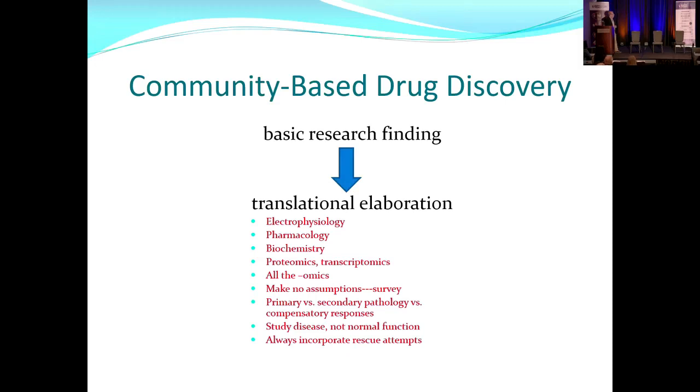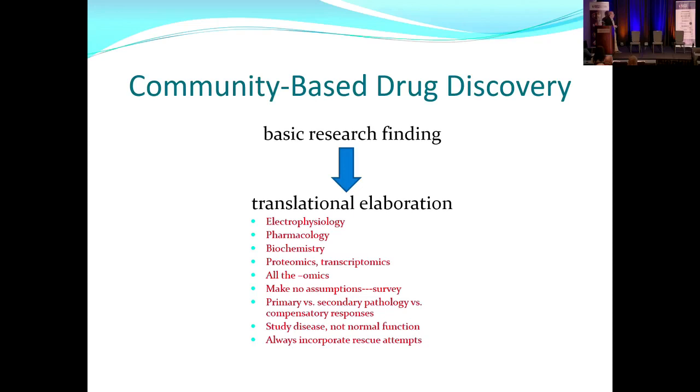And it's also really difficult to sort out the primary pathology that results from the mutation versus the downstream secondary pathology versus compensatory responses that you see in the brain. If there's one thing that the brain is really good at, it's compensatory responses. Whenever there's a disruption in one area, it will respond to try to fix that. And the one thing you don't want to do is identify a compensatory response as pathology and develop some treatment that's going to wipe out your compensatory response and make everything worse. That's happened before.